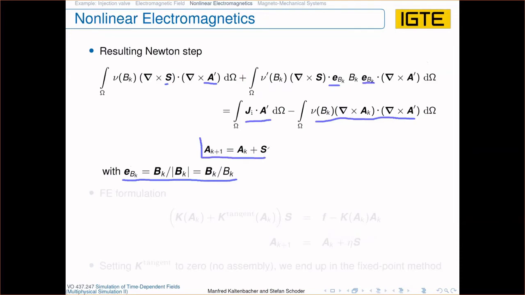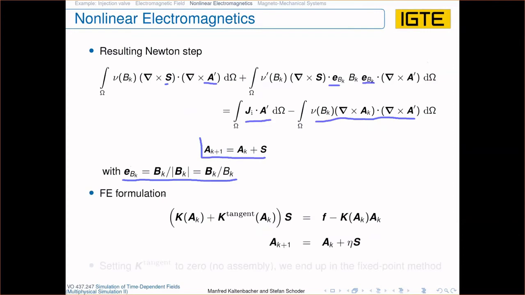Now applying our approximation for S as well as for A prime according to the basis function, we obtain our finite element formulation as shown here. And this we have even divided into a standard stiffness matrix plus the tangential stiffness matrix.